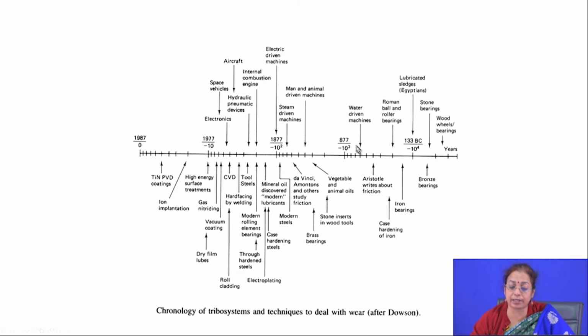Again, if you see the man and animal driven machines, there people applied different types of oils in order to reduce the coefficient of friction. Then in steam driven machines, they applied different modern steels instead of typical iron, which had higher wear resistance.